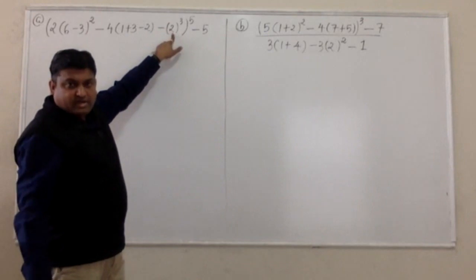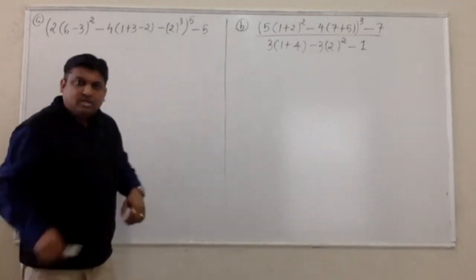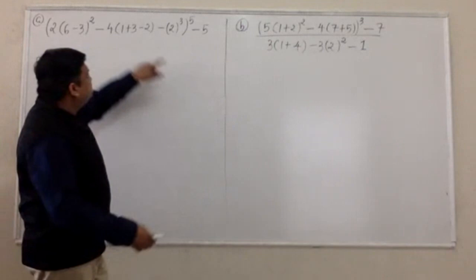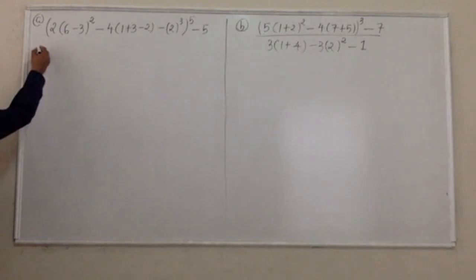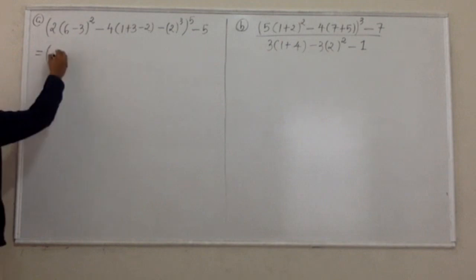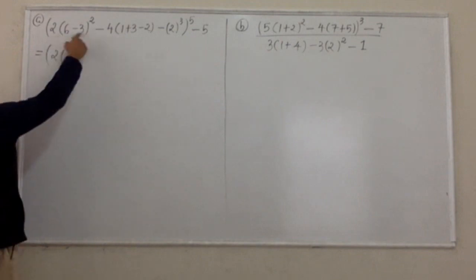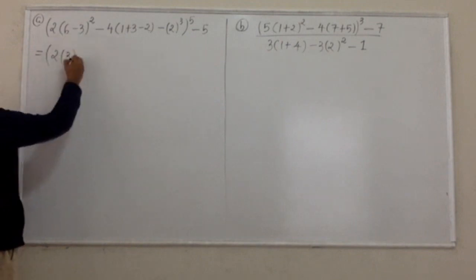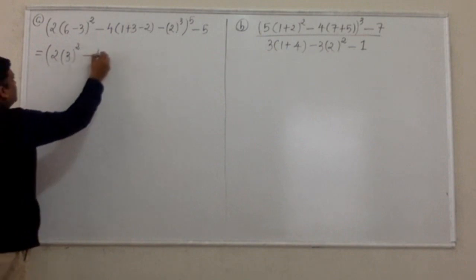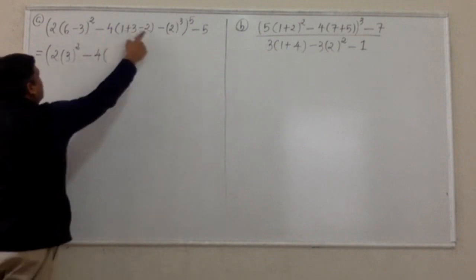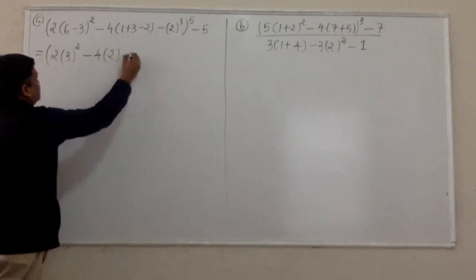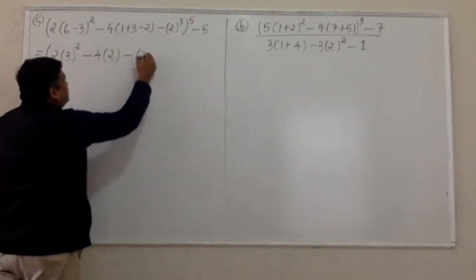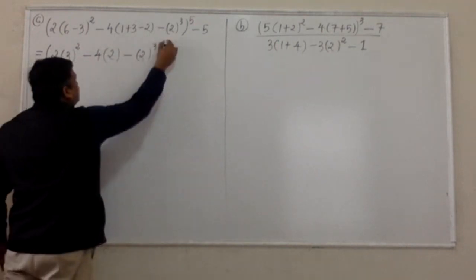All right, meaning this is already in its simplest form. Let's try to simplify each of these expressions in the most inner parenthesis. Look, 2 times 6 minus 3 is 3 to the power 2. 4 times 1 plus 3 is 4. 4 minus 2 is 2. Minus 2 cube.